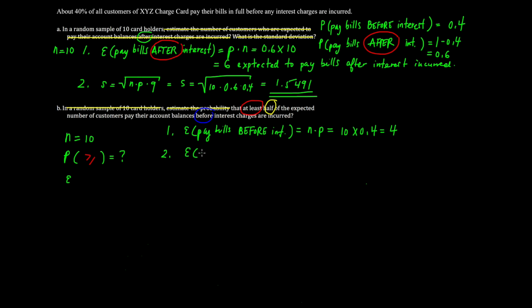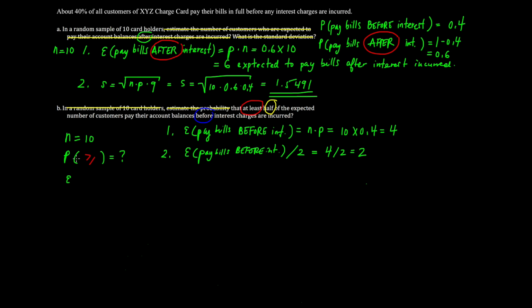So the probability that the people that we found here on top, let's just call it pay bills before interest, and once again, divided by 2. So this is very simply 4 divided by 2. So I have the number of people that I'm looking for.